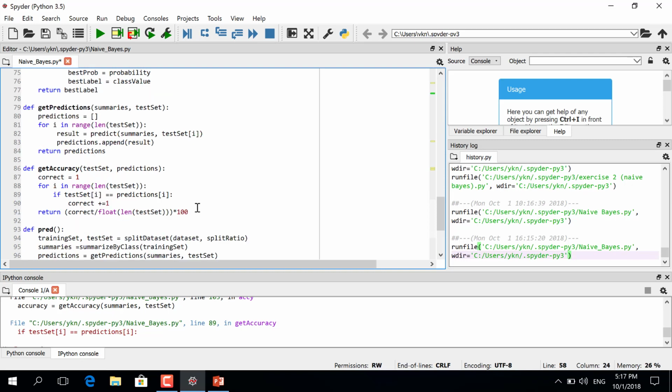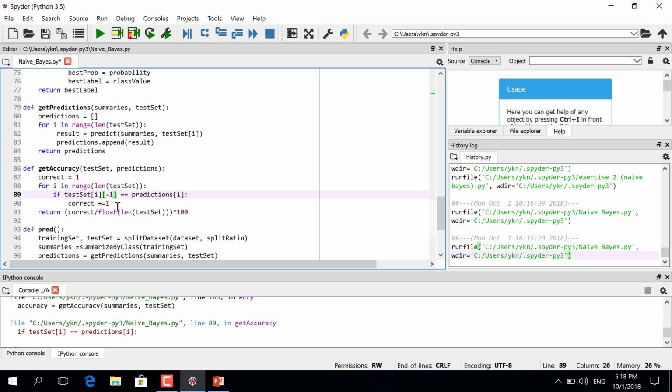Now we have a bit of a problem here. For instance, test set i equal to prediction is wrong, because we need to compare the y of the original data and the y of the prediction. So test set i, at the last column, equal to predictions, then the correct number should be plus 1.